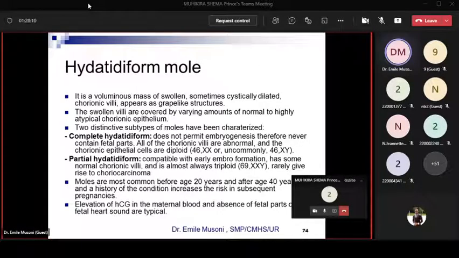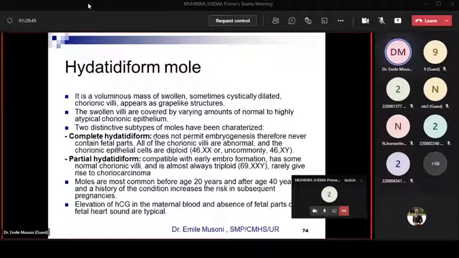Let us start with the hydatidiform mole. There are two types, complete and partial. In both, those chorionic villi are dilated, and on microscope there is absence of those capillaries, and they appear grape-like, like vesicles.